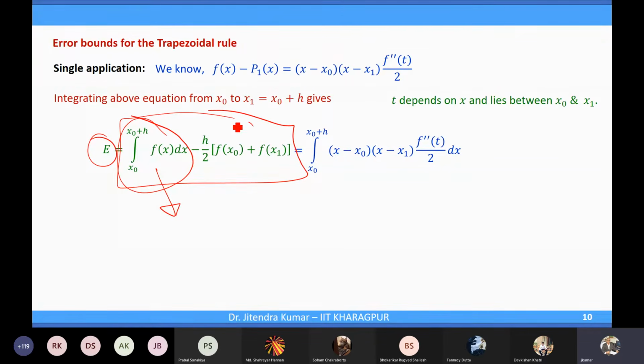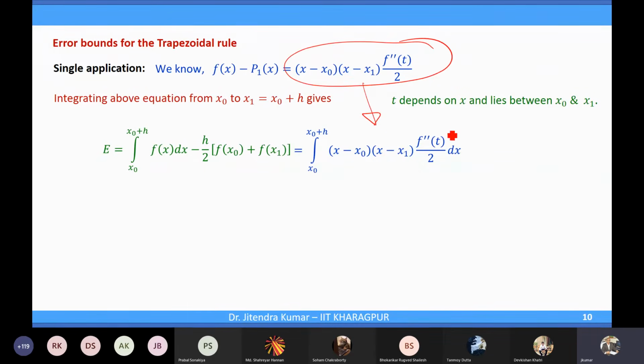This difference between the two we are calling error, and we want to see how much error we have if we approximate our integral by the trapezoidal rule. That error can be estimated by this integral, and we got this error formula from the interpolation section.